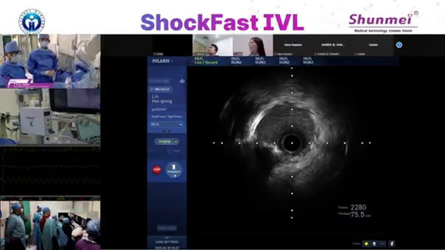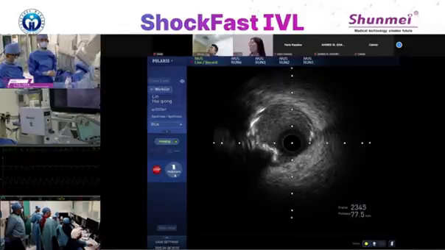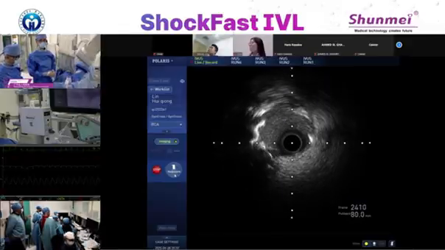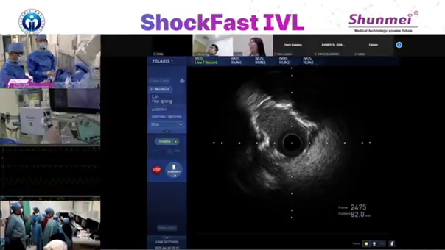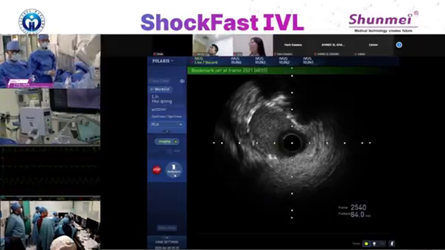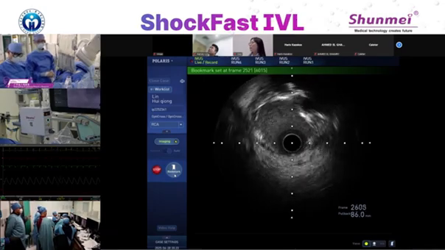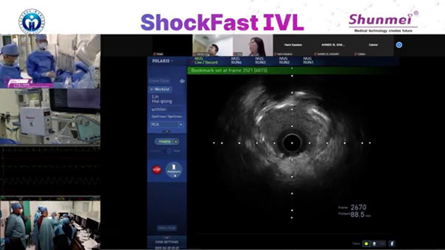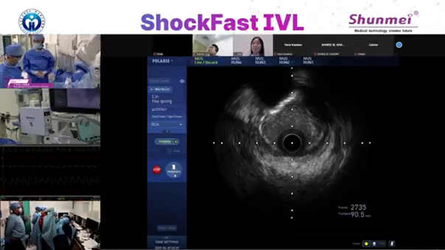Get me a new short 2.75 high-pressure balloon. Okay, the proximal stent covers everything. Oh, wait. There is still some calcium nodule there.